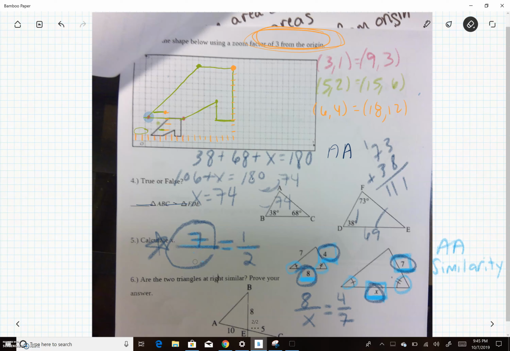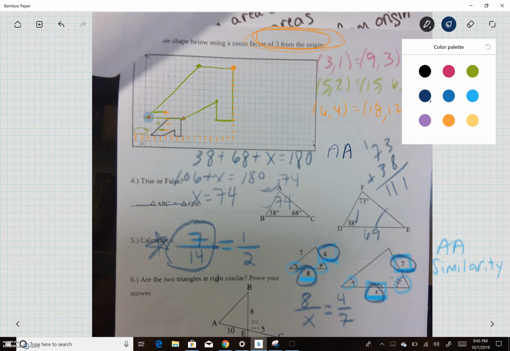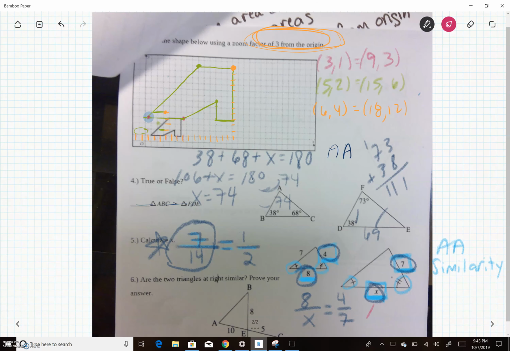Well, I know that 7 is half of 14. So this denominator must be 14. So x must be 14. So this x down here, let me write in pink so you can see where I am now. X is equal to 14.